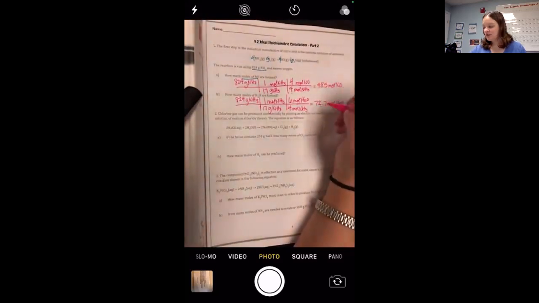If you plug this into your calculator and you did not get 72.7, most likely, if you tried to put this into your calculator all in one step, you have to remember to use parentheses. Okay, so if you do 824 times 6, put that in parentheses, divided by, open your parentheses again for 17 times 4.